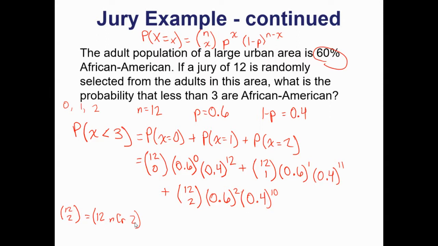On the Inspire, you won't type anything in first: menu, probability, and then combination. Then you would type in, for this example, a 12, 2.